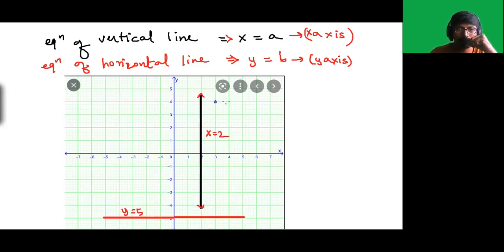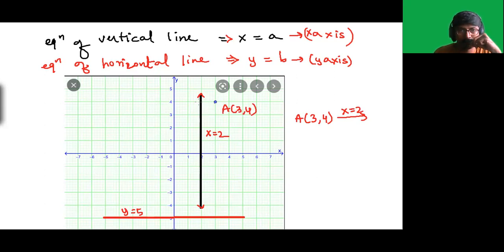Now, if this point A (3, 4) reflects under the line x = 2, where will it go? Obviously, it will go to the other side.